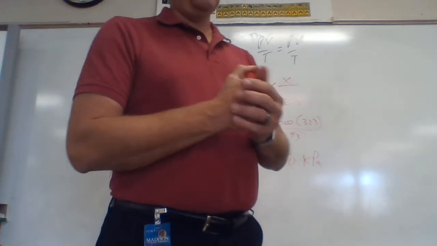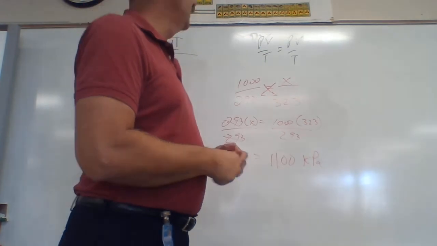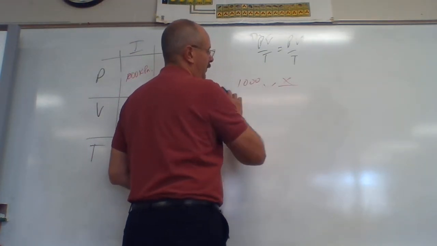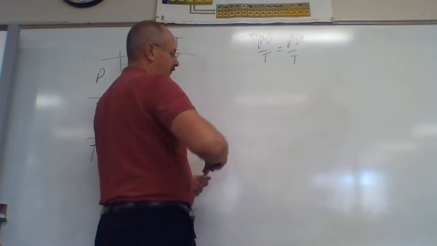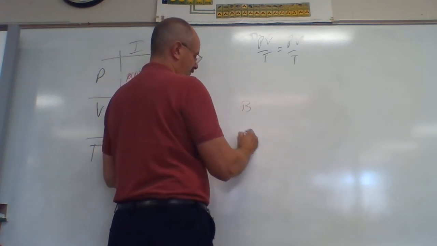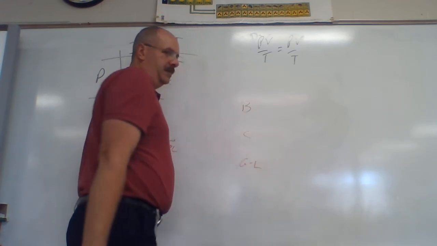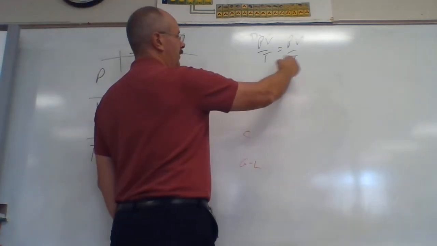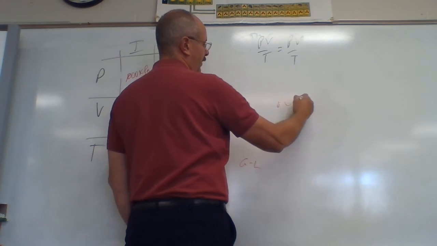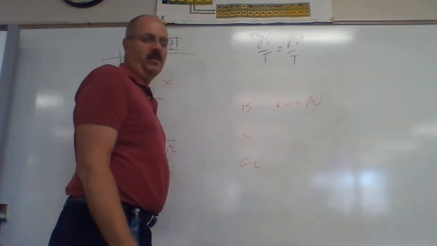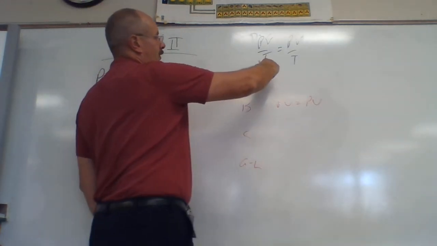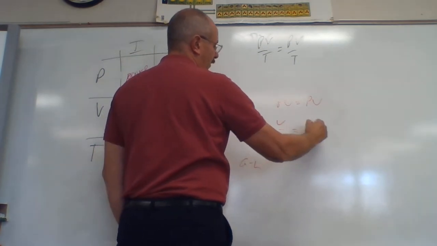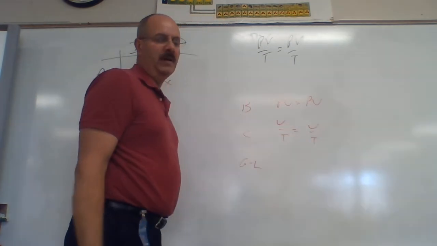14, show how Charles's law can be derived from the combined gas law. All right, well, remember, we had three laws. We had Boyle's, Charles's, Gay-Lussac's, right? And those go in alphabetical order. So Boyle's, we get rid of the T, and we get PV equals PV. So that's Boyle's law. Charles's law, we go clockwise, and we go up here and get rid of the P. So we get V over T equals V over T. Right?